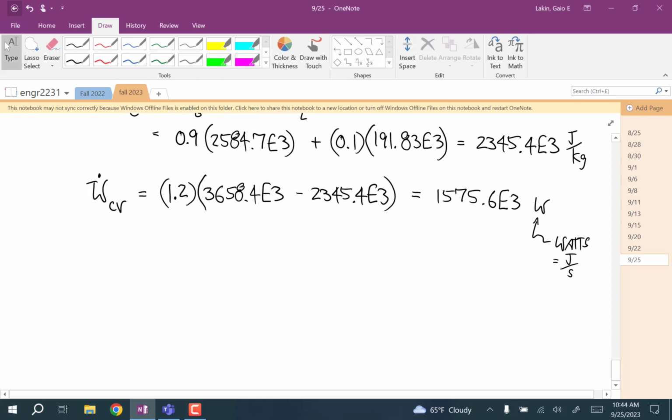Well, to use that simplified form, we assumed that kinetic energy didn't change. So what's the change in kinetic energy? We're going to see that it's really small.